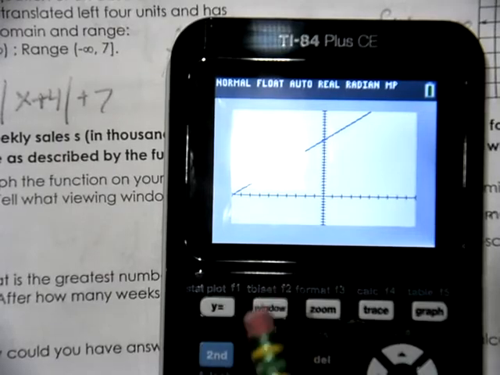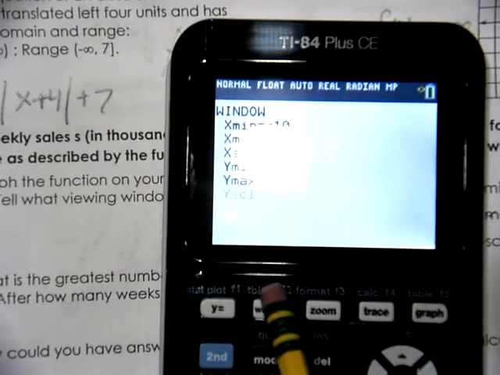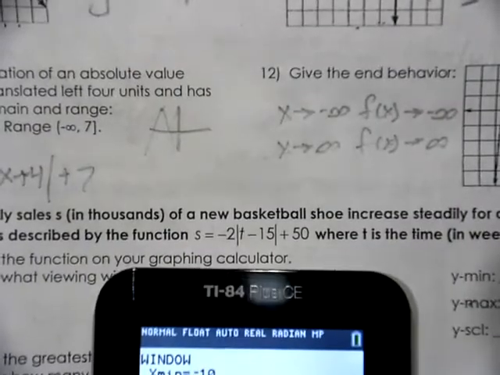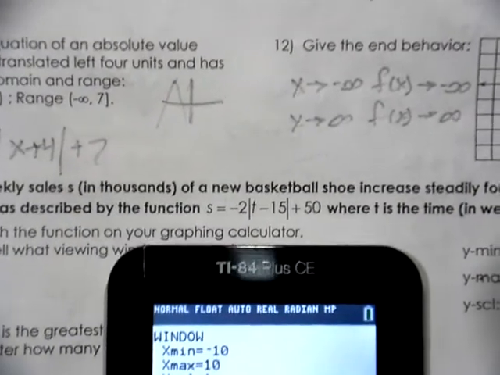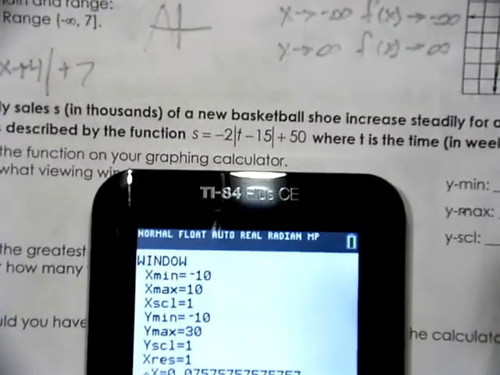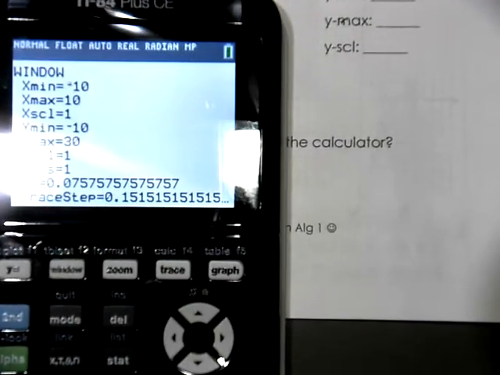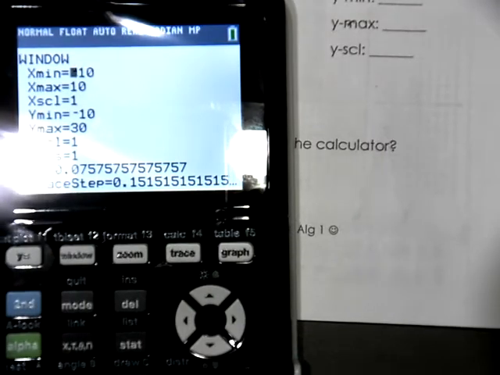using the window key here, I'm going to look, try to be sure you can see it with the glare.